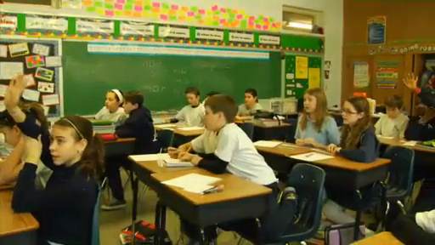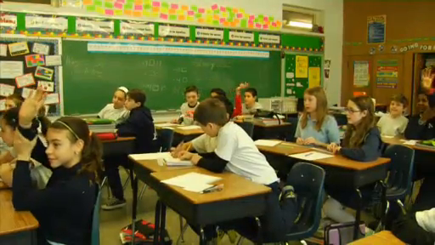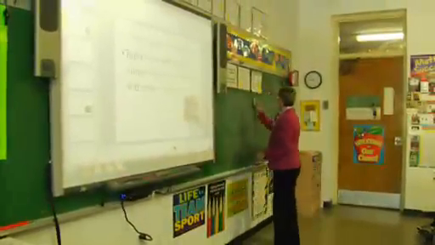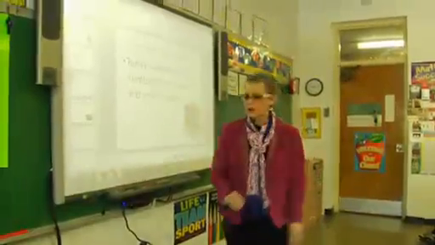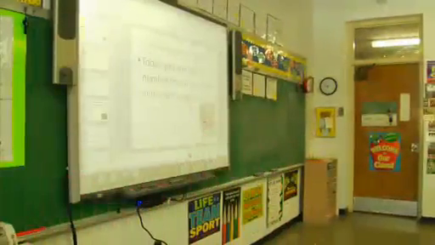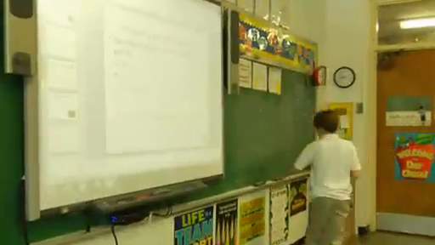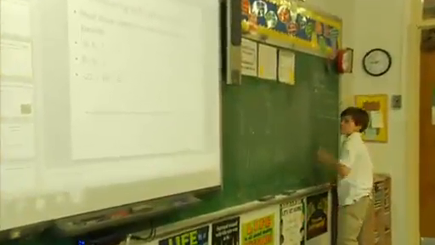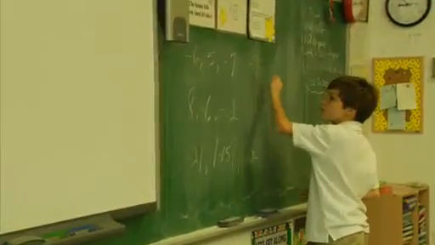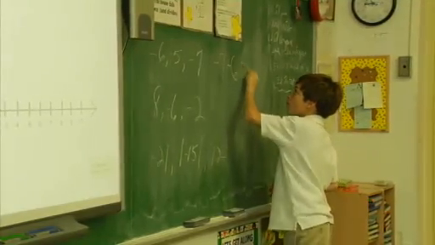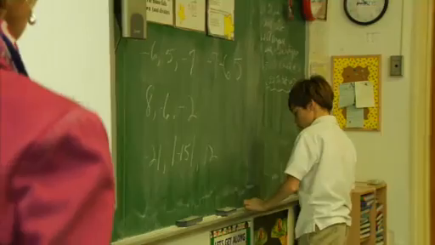Are we good? Okay. So let's have one team. Jack, why don't you do the first set of numbers in order from least to greatest? And what was your strategy there?